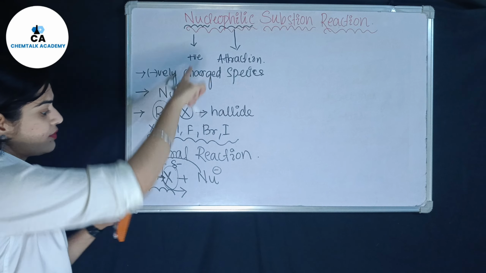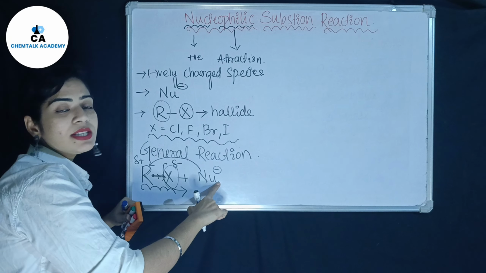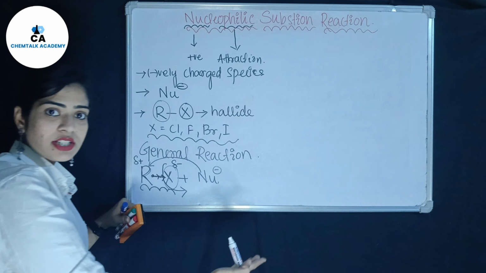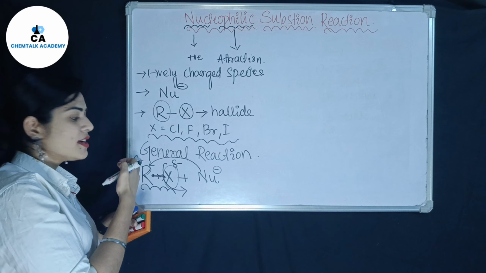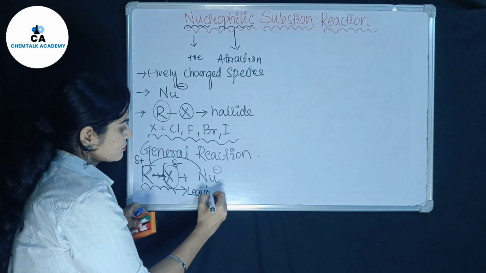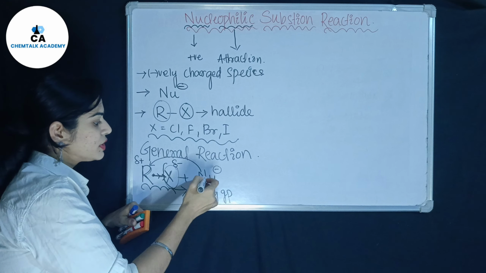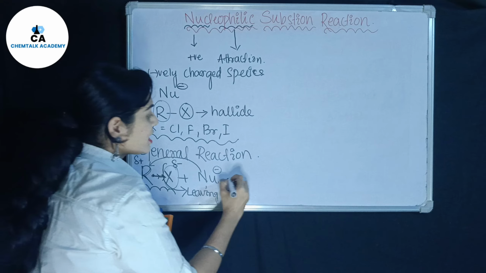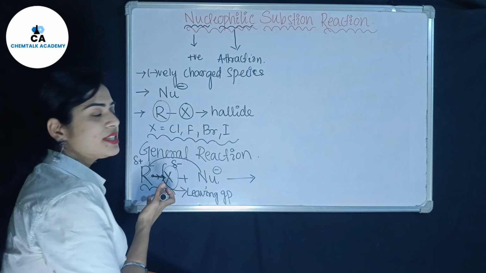A nucleophile is a negatively charged or electron-sufficient species, always attracted towards positively charged species. Here X acts as a leaving group. X will be removed, and the nucleophile will attack the positively charged carbon and be substituted in place of the halogen.